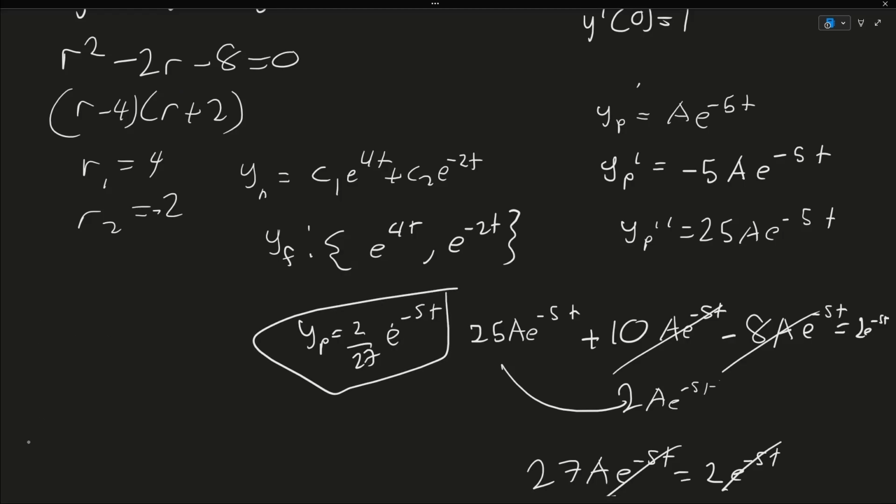So our general solution will be y general equals c1 e to the 4t plus c2 e to the minus 2t plus 2 over 27 e to the minus 5t.